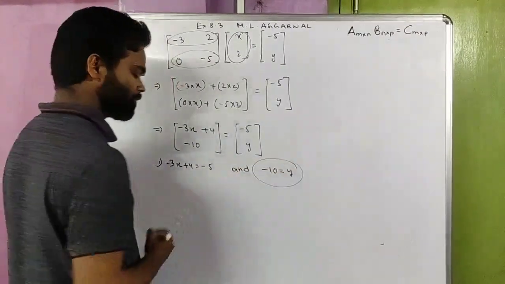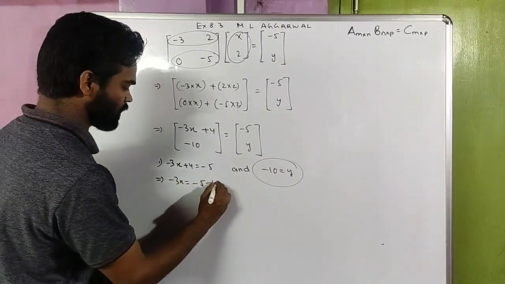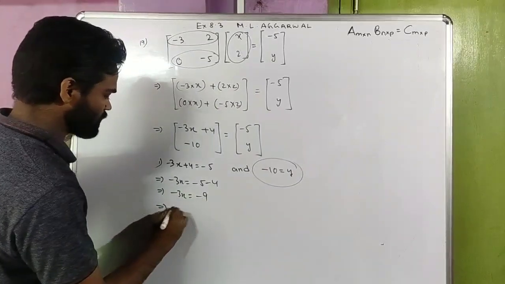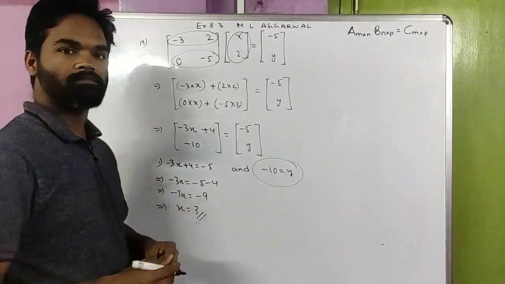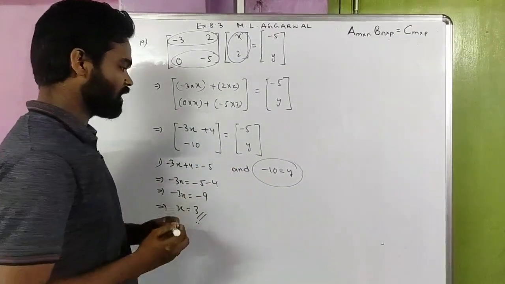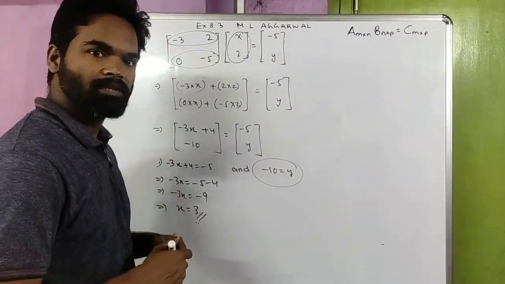We got the value of y. Over here we'll solve it. So minus 3x equals to minus 5 minus 4, which means minus 3x equals to minus 9, which means x equals to 9 by 3, that's 3. And the minus sign cancels. Hence x is 3 and y is minus 10. Now we look at the next.